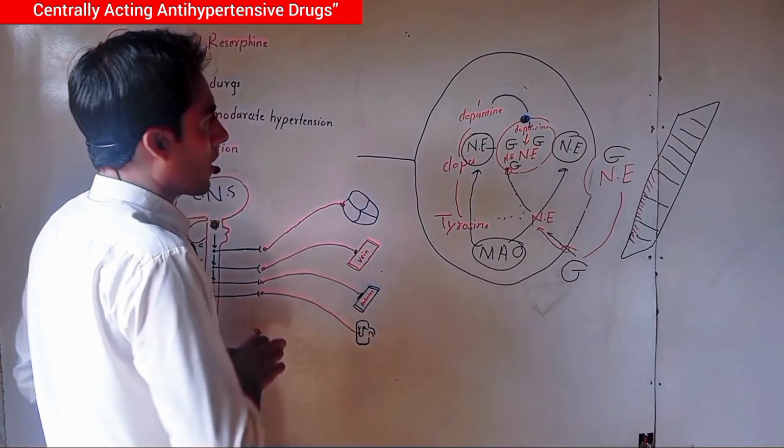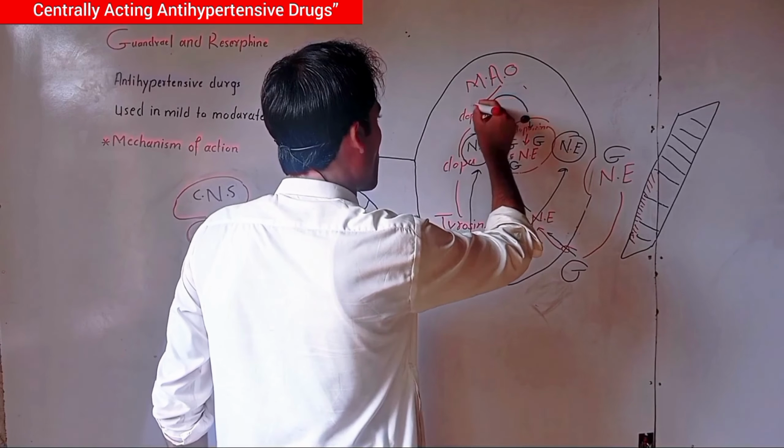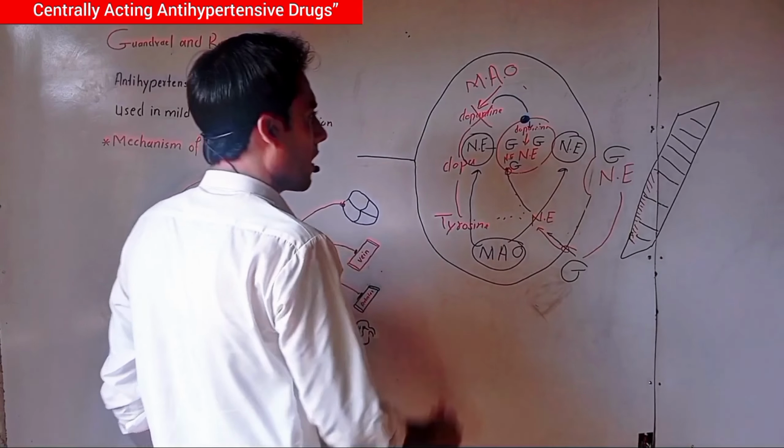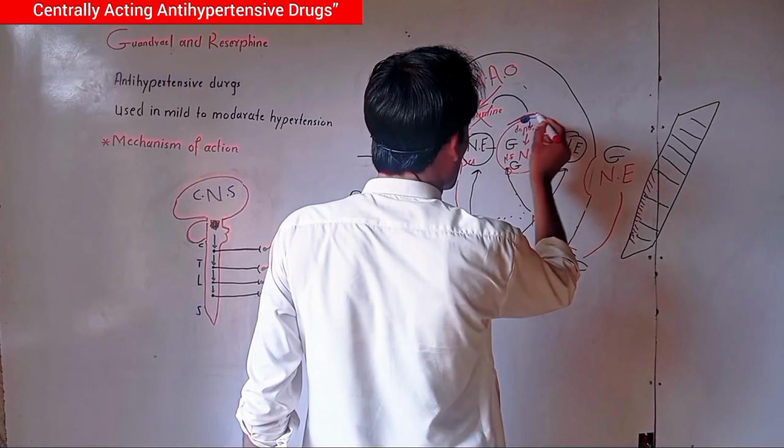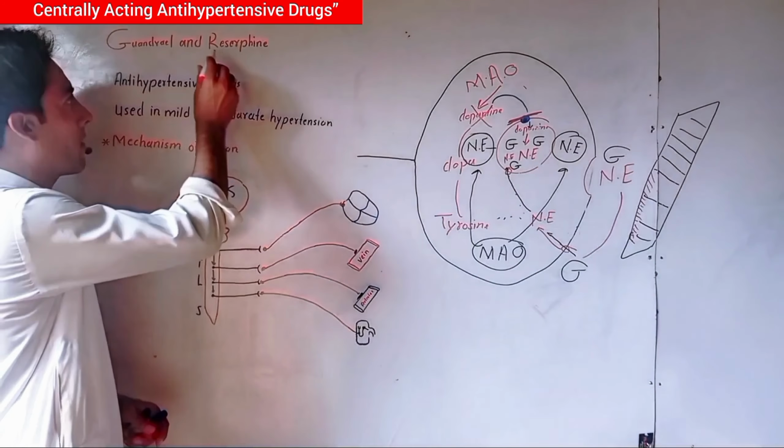As a result, dopamine remains outside in the cytosol and is destroyed by the monoamine oxidase enzyme. So monoamine oxidase destroys dopamine, and reserpine blocks the vesicular transport system. So this is the mechanism of reserpine.